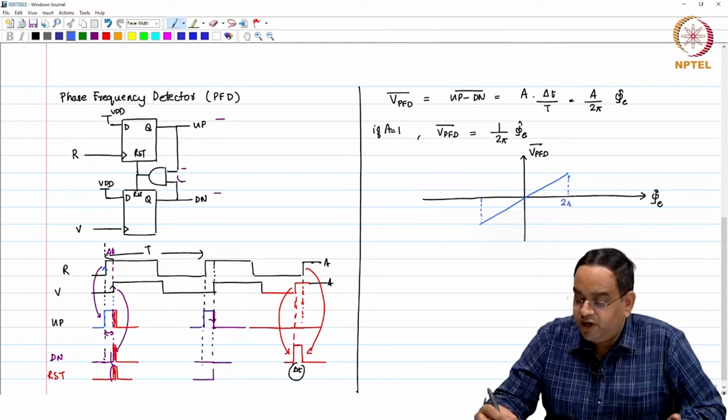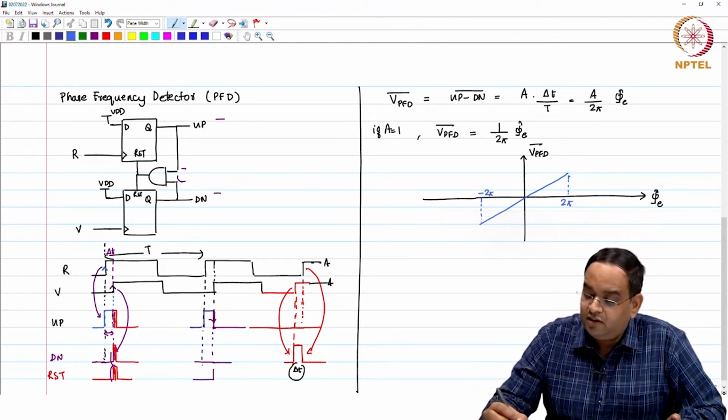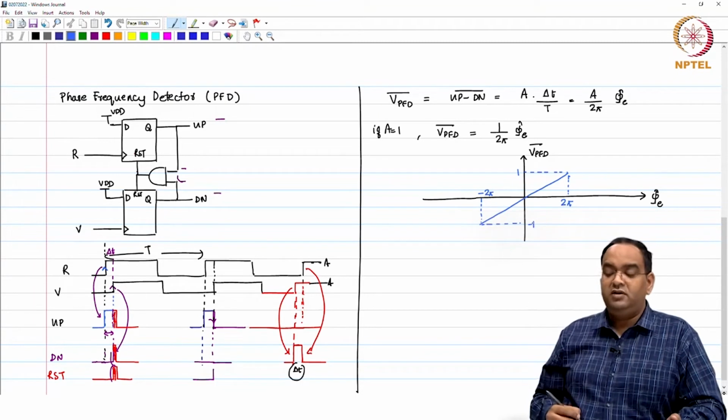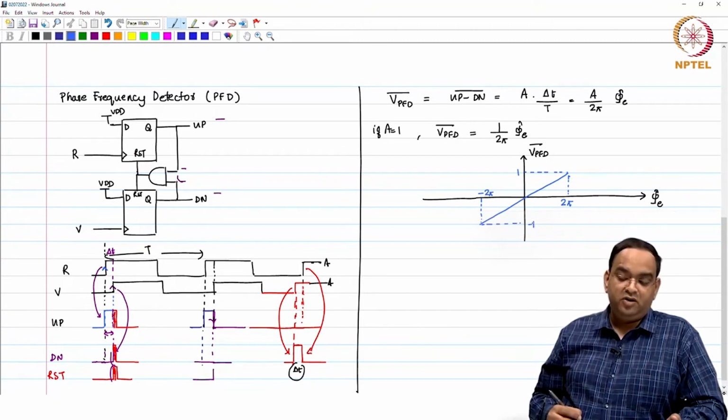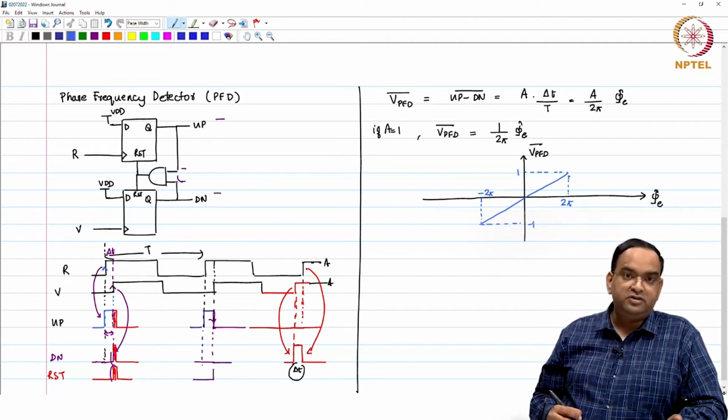Okay, this is 2 pi, this is minus 2 pi. The gain in our case with amplitude 1 happens to be 1 over 2 pi.